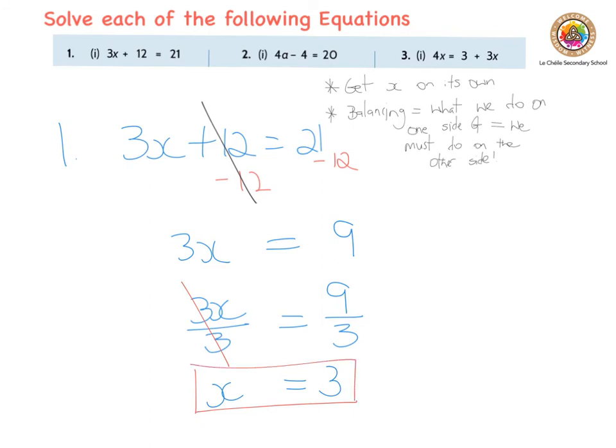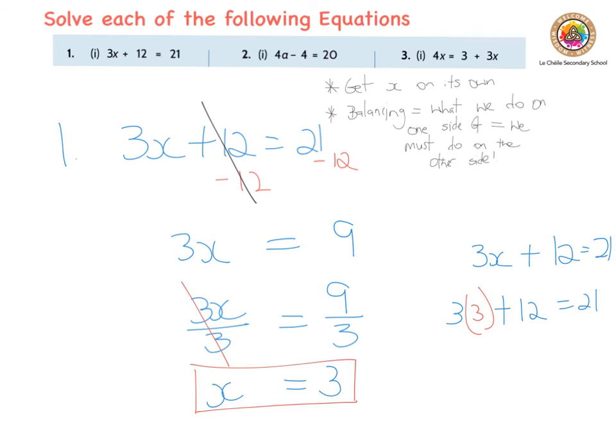And of course, I could go back and check, and I could have my original equation and say 3x plus 12 equals 21, which is the same as 3, bracket 3, plus 12 is equal to 21.